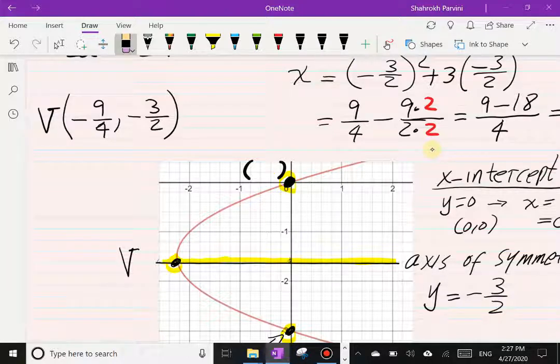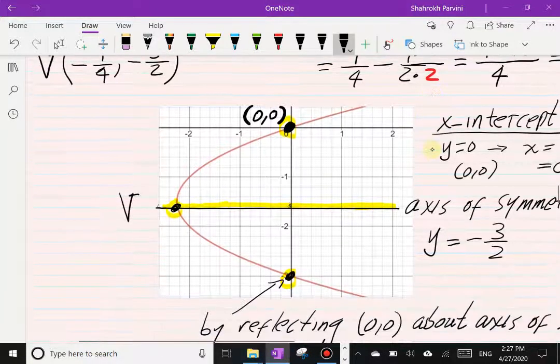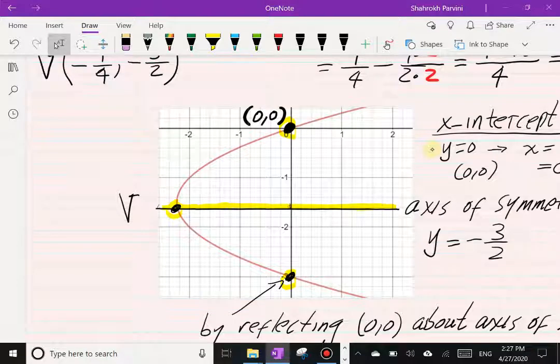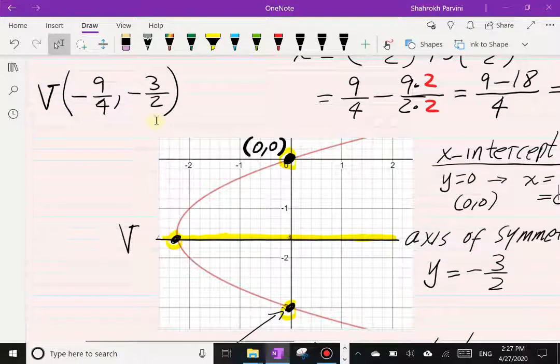So how do I get this second point? Remember, I use reflection about the axis of symmetry, which is this line. In this case, the y component is -3/2, so this is at -3/2. That's where this line is.